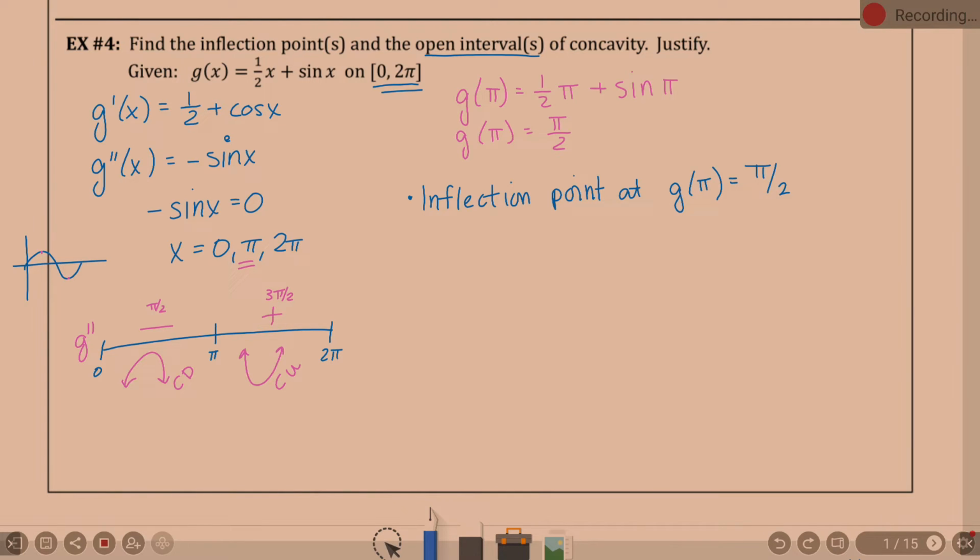That would be okay as well. Why is that an inflection point? Since the second derivative changes from negative to positive. I did say justify, which is why I'm writing that out.